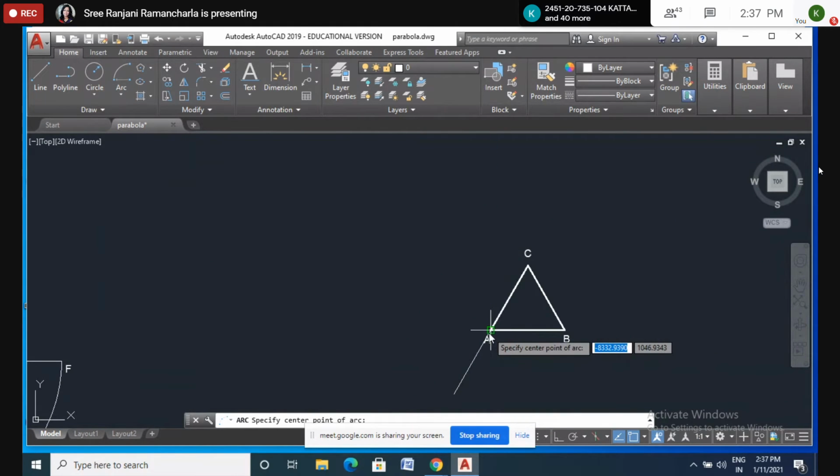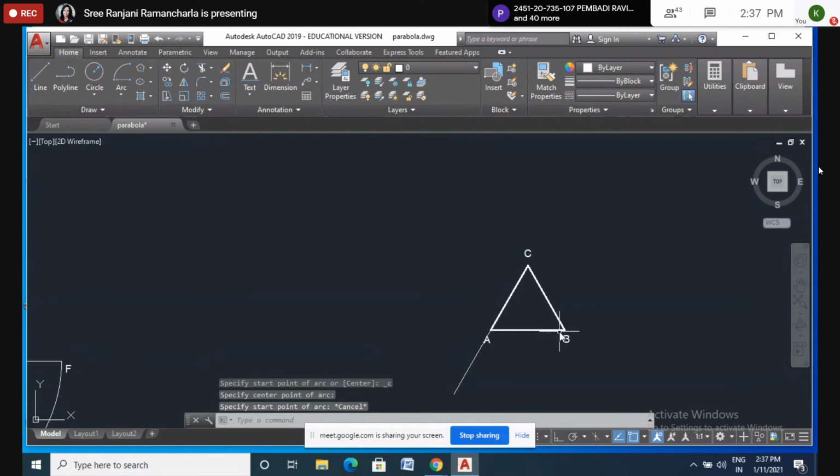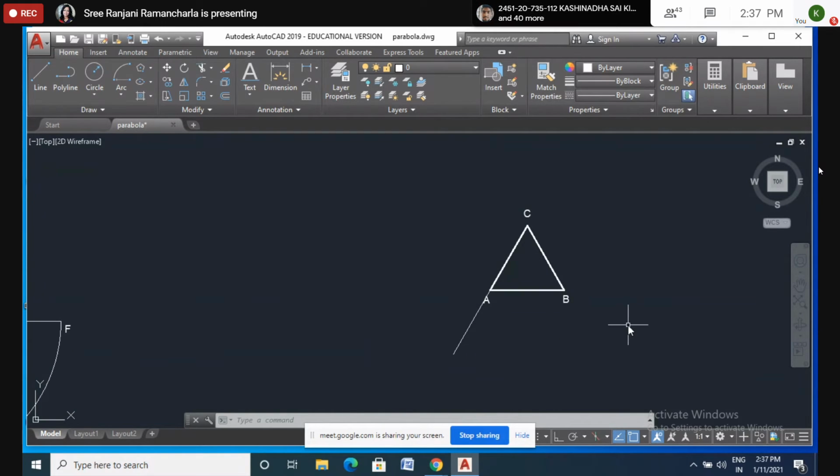This is the center, and it will go anti-clockwise. With the compass, you please start from here. This has a center, this has a radius. Draw the curve like this.